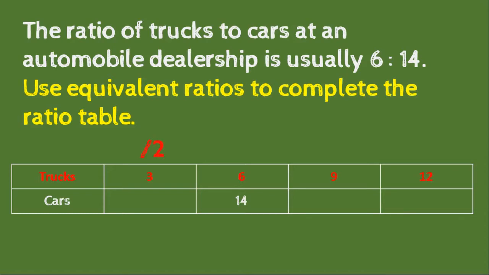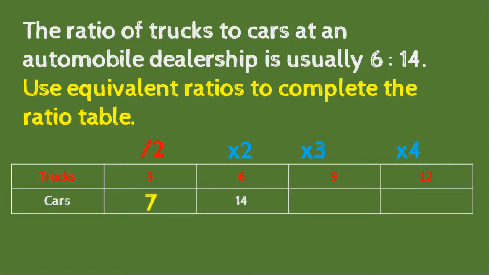So we can start by going backwards in this case. So how do we move from 6 to 3? The easiest way is to divide by 2. 6 divided by 2 is 3. So all we have to do is keep this trend and we can figure out the rest of the numbers.